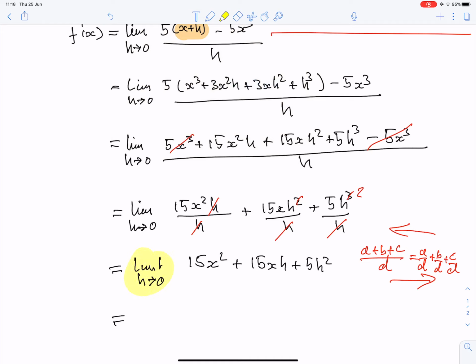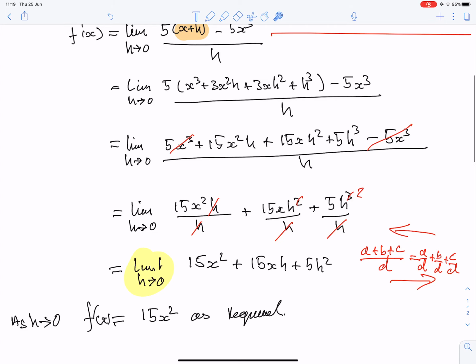So as h tends to 0, f dash of x is equal to 15x squared, as required, because 15xh and 5h squared are now 0.